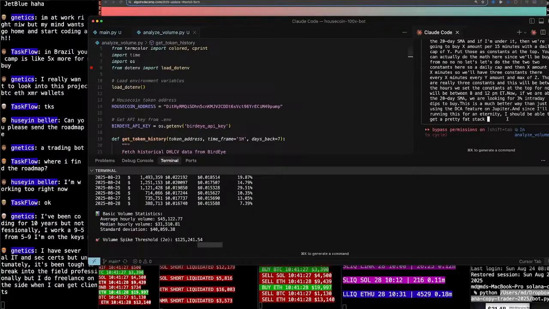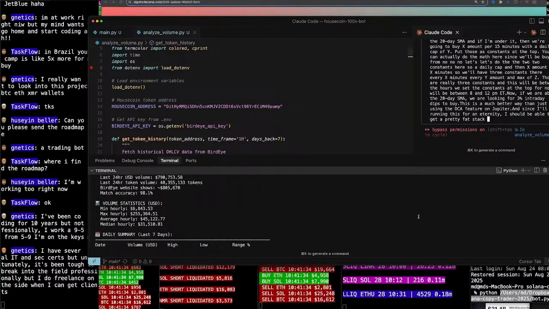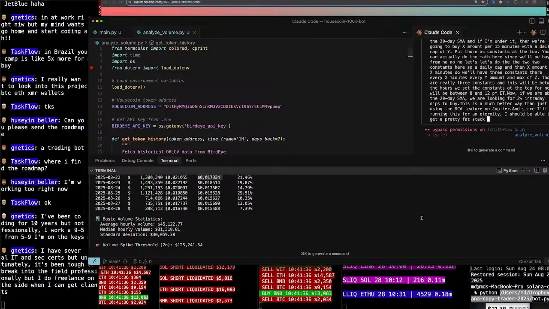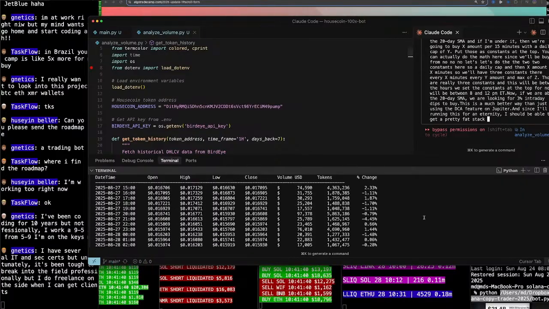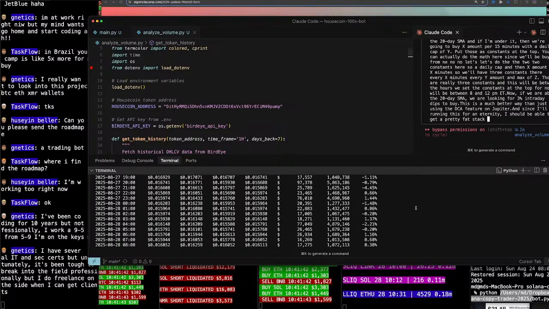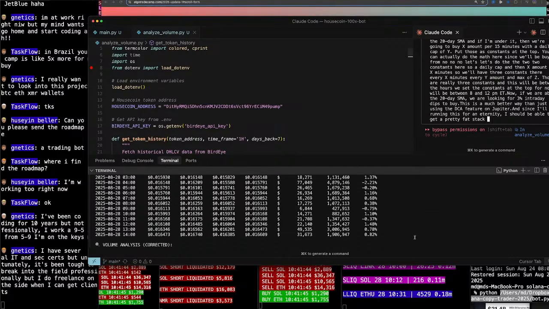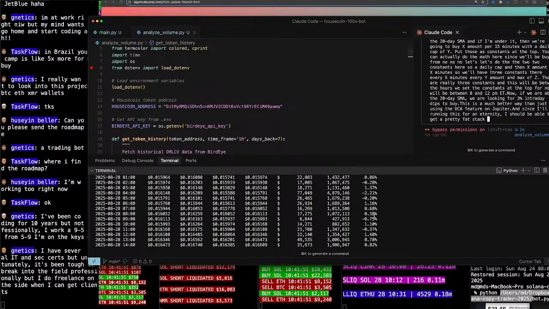So, yes, we're looking for a 3% drop in that day, intraday, but we also need to make sure it's close to the... Actually, let's not do both. Let's just check every X minutes just like the other one does. And if it's close to the daily low within X percent, let's say within 1% of the daily low, that's when the trigger buys will trigger.